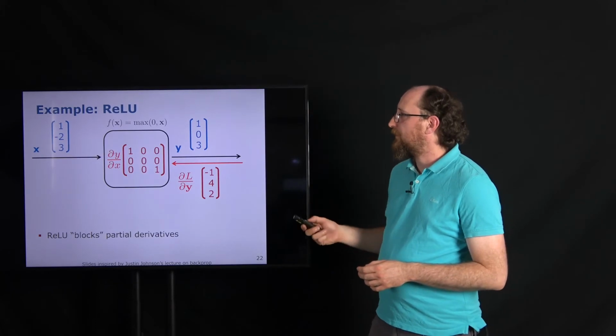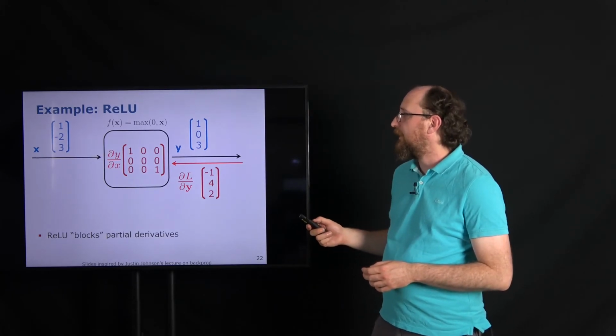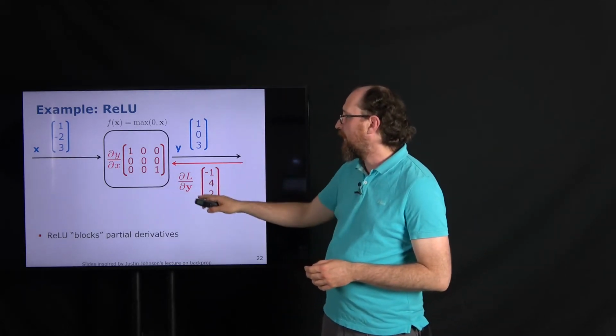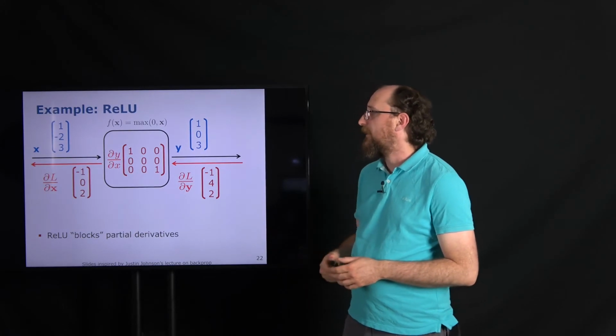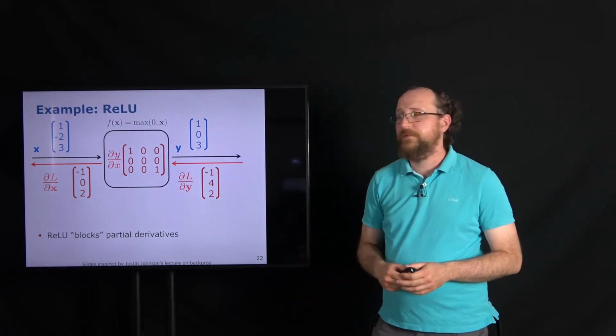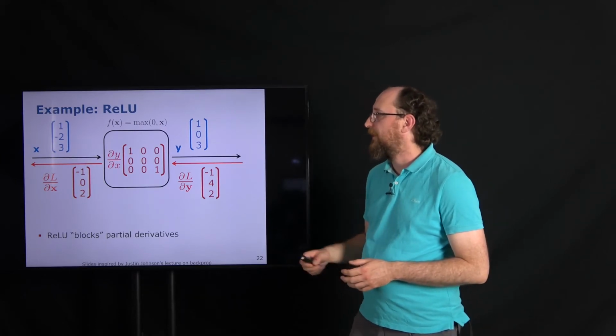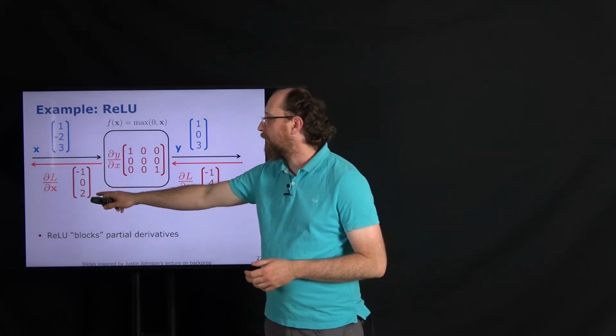And using this we can then compute the transpose of this times this vector, and then we get back the desired partial derivative of L in respect to the vector x, which is then the gradient vector minus 1, 0, 2.